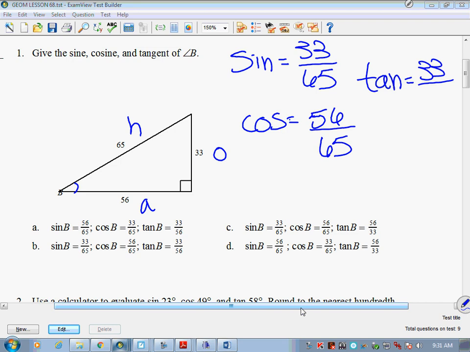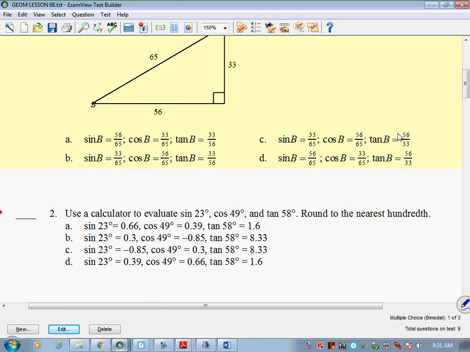And what is adjacent? 56. All right, I'm less concerned with what the multiple choice answer is than I am that you know how to find the right answer, and I think the right answer is B, if I've got that right. Okay, sine, cosine, and tangent. All right, so far we feel pretty good about it? Yes? Heads wobbling up and down?